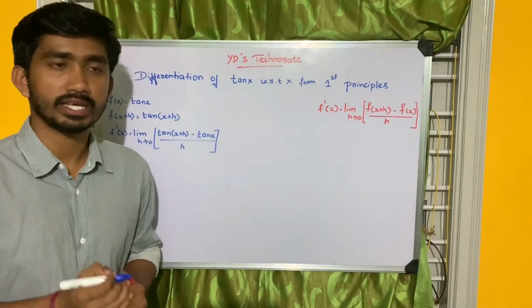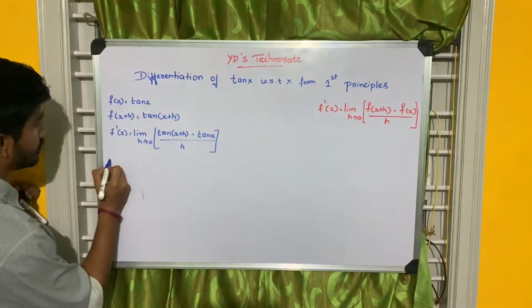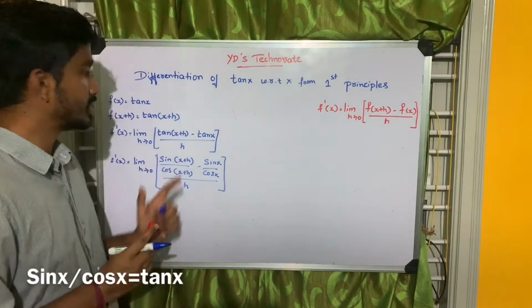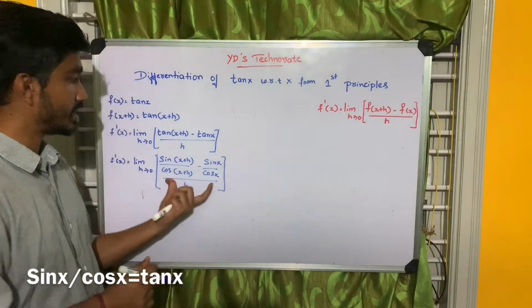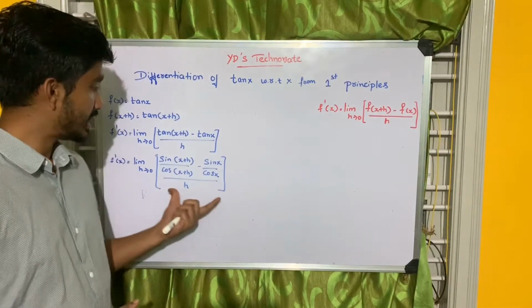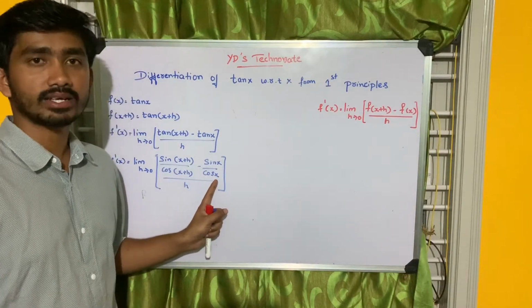The next step is writing tan as sin by cos. I have now written tan as sin by cos and I have got this equation. Now I am going to take the LCM here. LCM for what? Cos of x plus h and cos x.